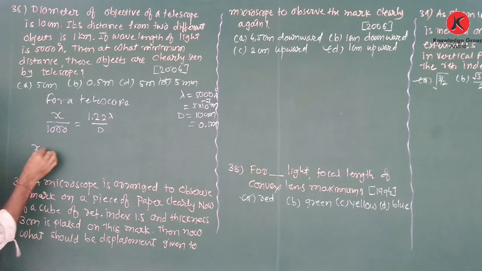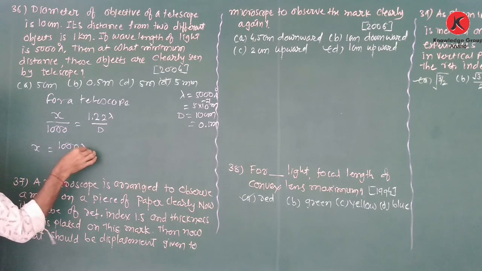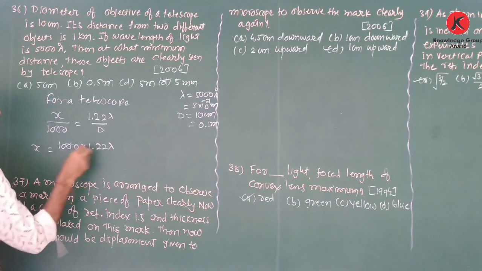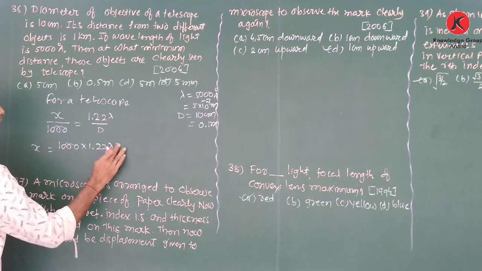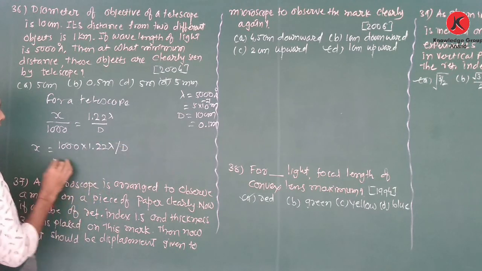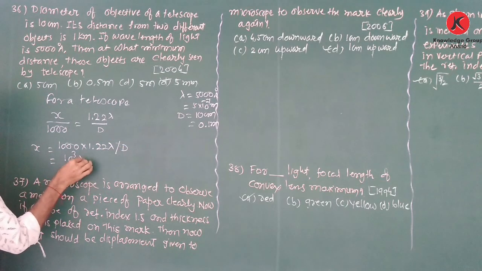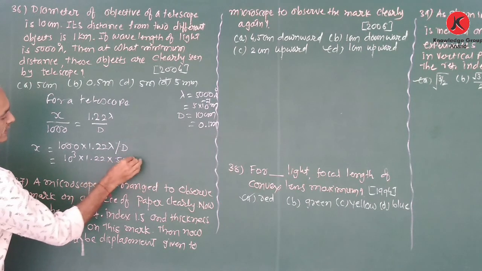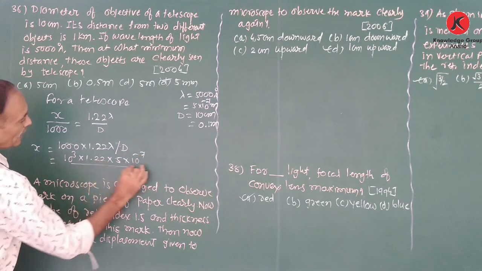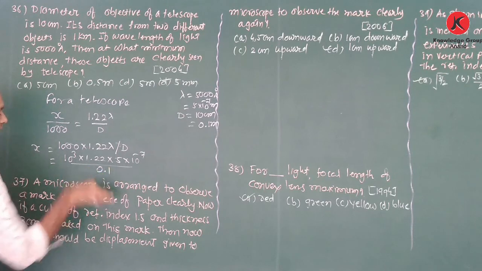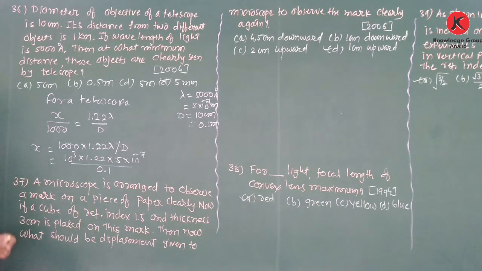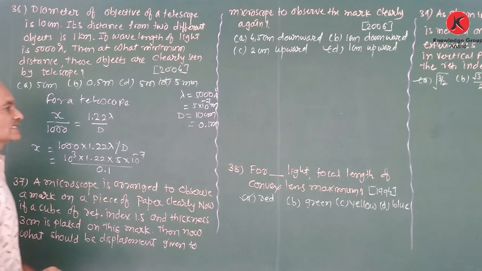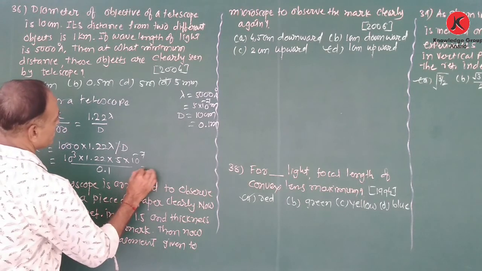So x is equal to 1000 into 1.22 lambda upon d. Now 10 is to 3, 1.22 into lambda, 5 into 10 is to minus 7, upon d, that means 0.1. So we obtain the value 6.1 millimeter.